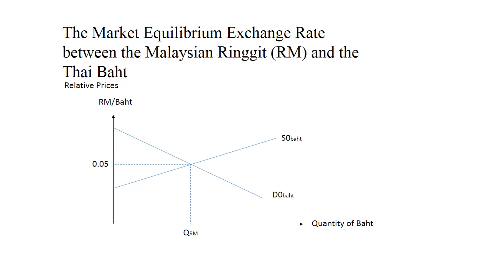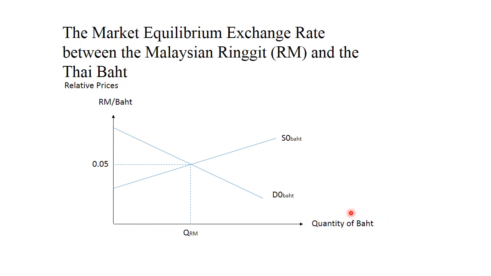Okay, we can change the label. In this case, we are going to label RM per baht on our y-axis. So it means that 1 baht is equal to how much ringgit Malaysia. And then this one we change to quantity of baht.